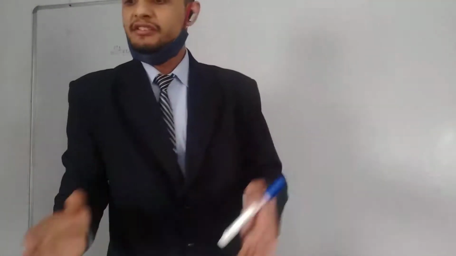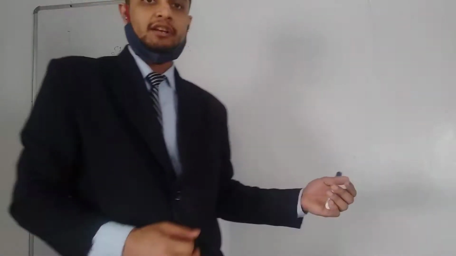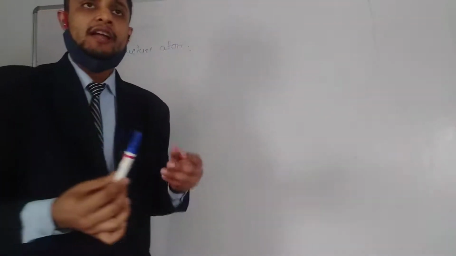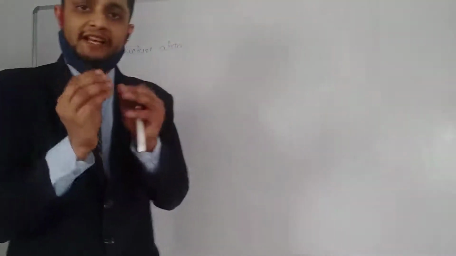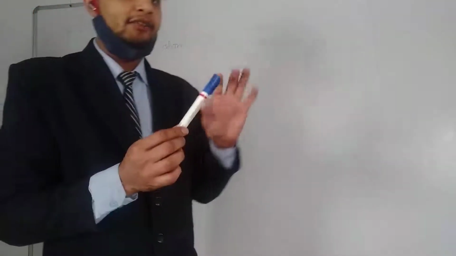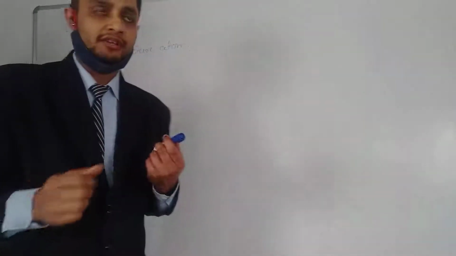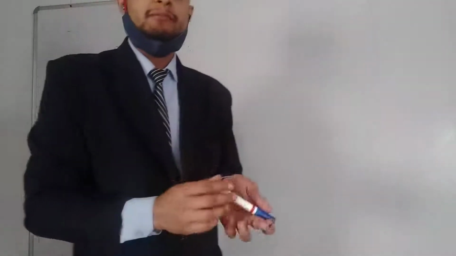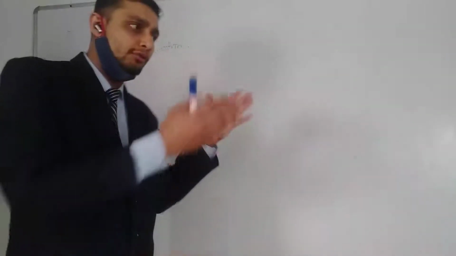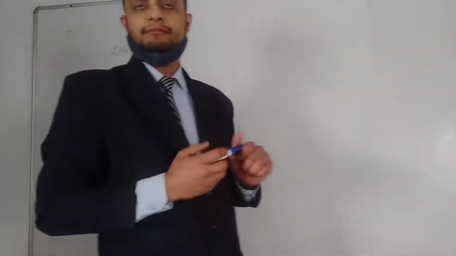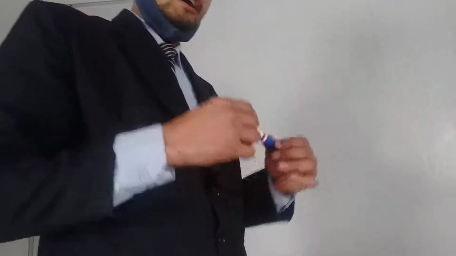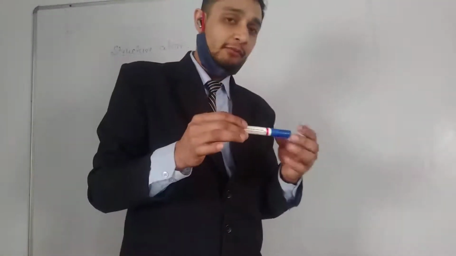Whatever we can see, for example, a chair, a table, this blackboard, this pen, all these things are matter, and matter is made up of tiny, small particles, and those particles are known as either atoms, molecules, or ions. Further, these atoms are made up of electron, proton, and neutron that we are going to discuss in the structure of atom.